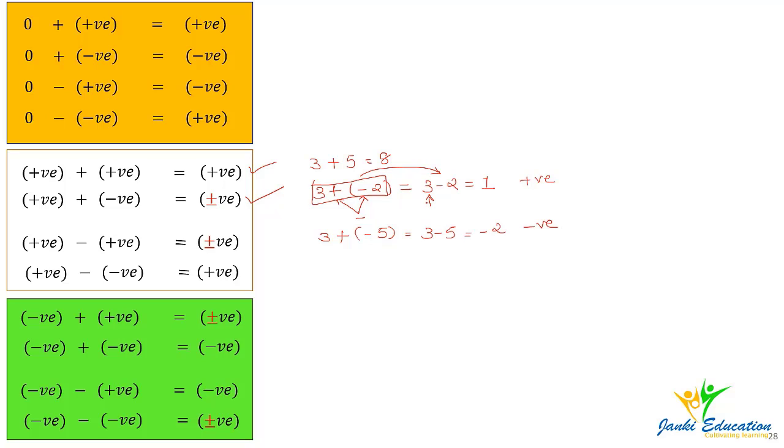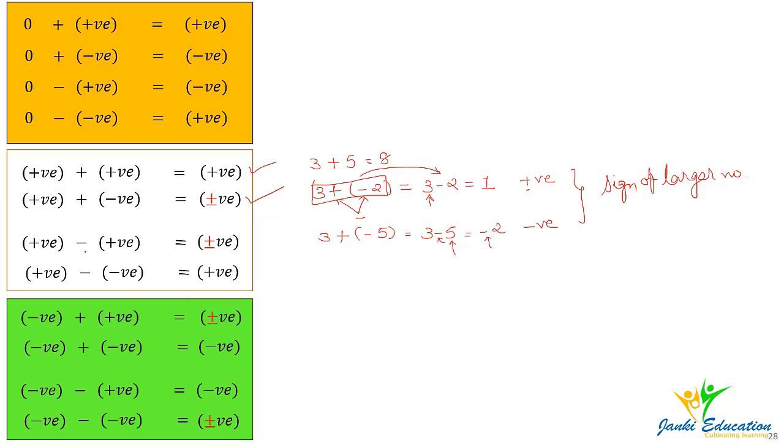So our answer is positive. In this case, 5 is the larger number and it is negative, so our answer is negative, right? So we can say that it is the sign of the larger number. Clear? Sign of the larger number.